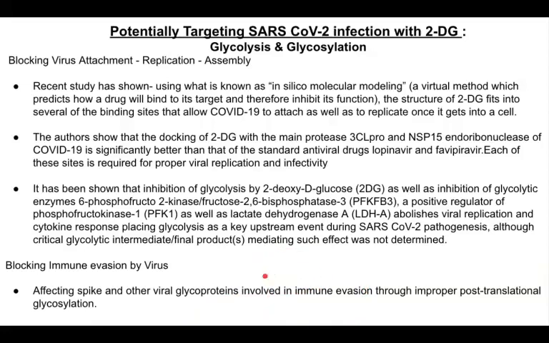The spike glycoproteins around the virus have been speculated to evade the immune system by some sort of camouflage mechanism that is being researched. Also, many of these viruses shed these glycoproteins once they're out to avoid detection. That is also a theorized property. So, when glycosylation is blocked, improper post-translational modifications occur, which blocks these immune responses.